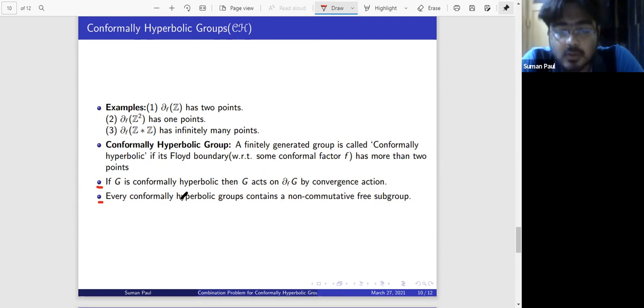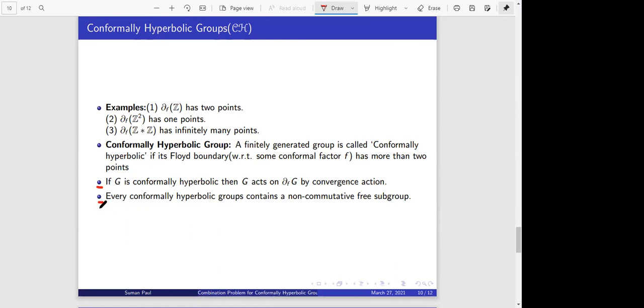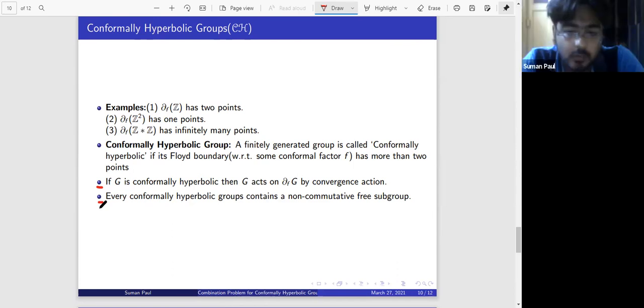An application of this result is that if a group does not contain a free subgroup, then its Floyd boundary has either 2 points or 1 point, and it will not be conformally hyperbolic.